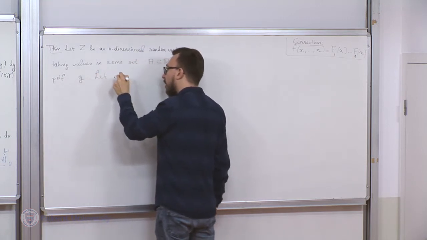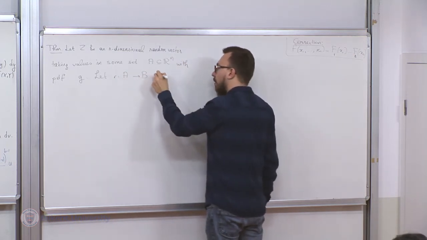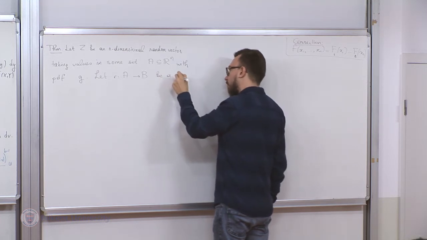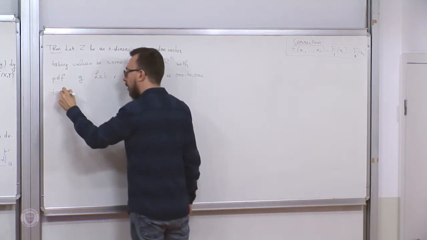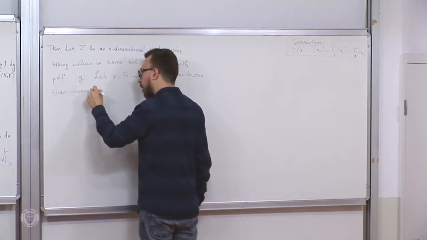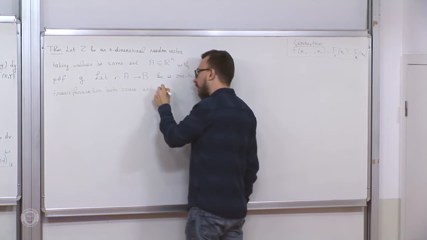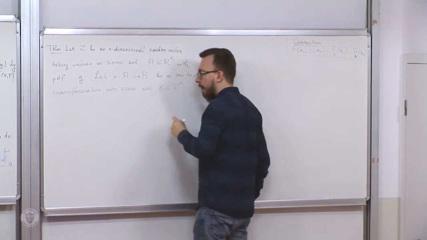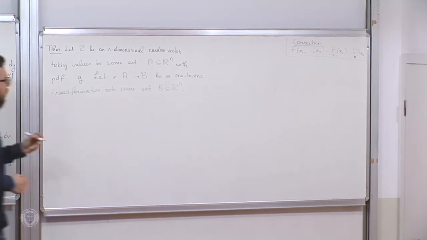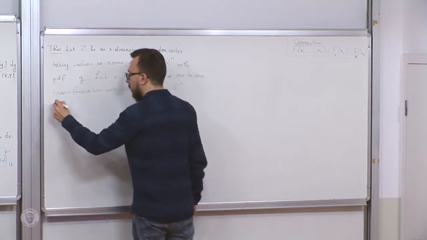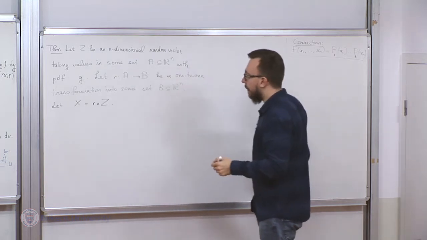And let R be a one-to-one transformation from A into some set B. And let X be R of Z, so the transformed random variable.